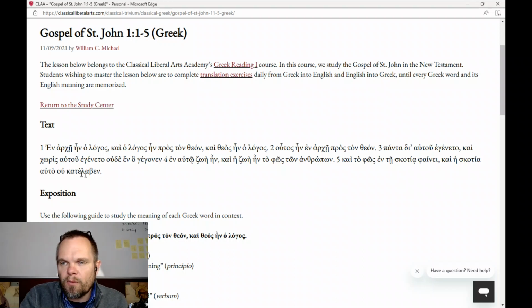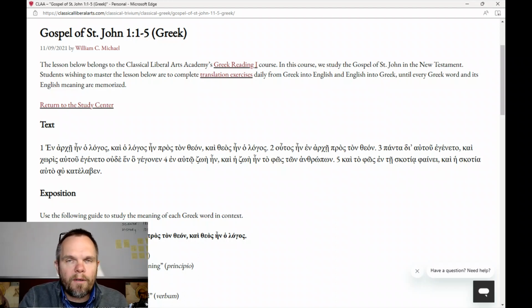And this last word here: kappa, alpha, tau, epsilon with an acute accent, lambda, alpha, beta, epsilon, nu. Katelaben. So verse 5 reads, kai to phos en te skotia phaine, kai he skotia auto u katelaben.